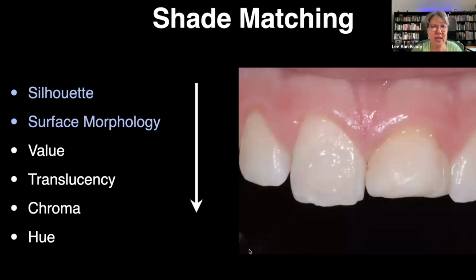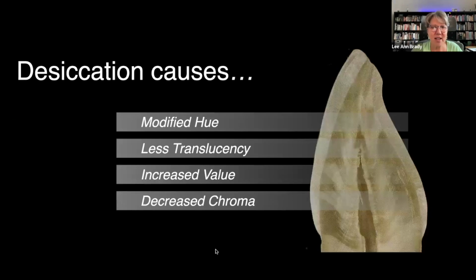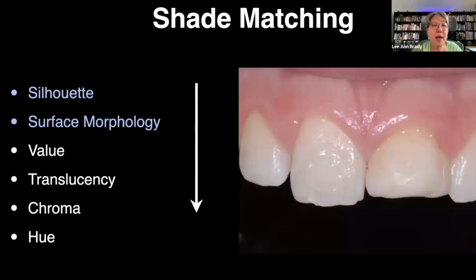So, creating a pretty perfect shade match is actually about nailing all of these things. And I've got them rank ordered by importance. So the number one is silhouette, right? And so the outline form, the contour of a tooth, that's given by the three planes, gingival, middle, incisal, the emergence profile, the facial embrasures, the tissue, the dark color of the back of the mouth.